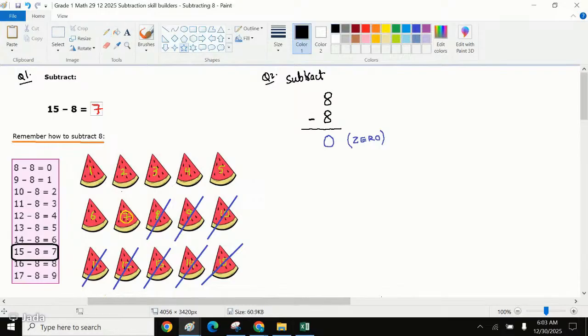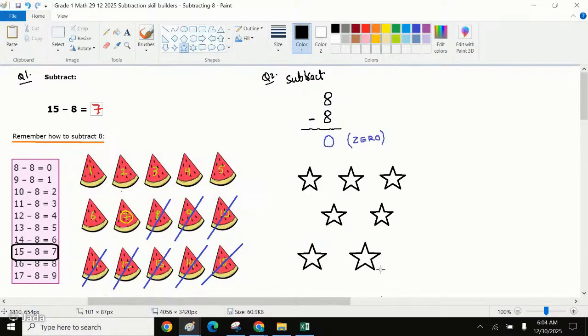If we had 8 stars: 1, 2, 3, 4, 5, 6, 7, and 8. There were 8 stars. Let's number them: 1, 2, 3, 4, 5, 6, 7, and 8, right?